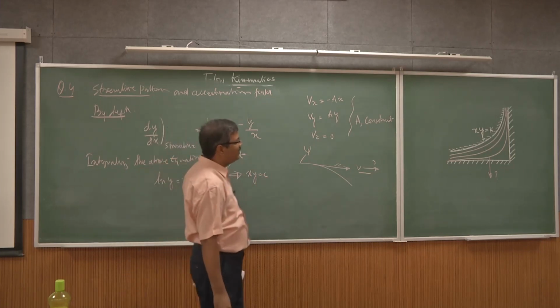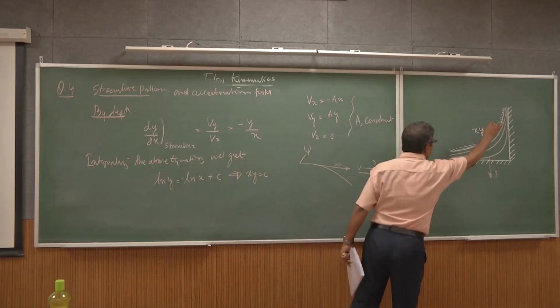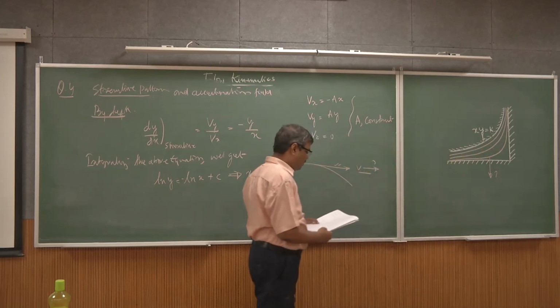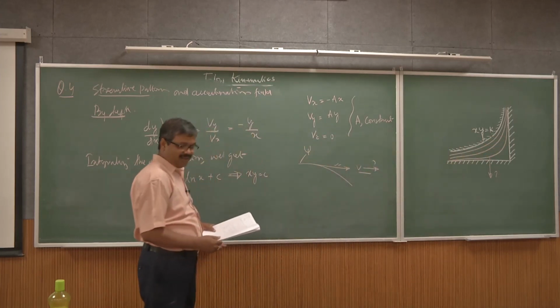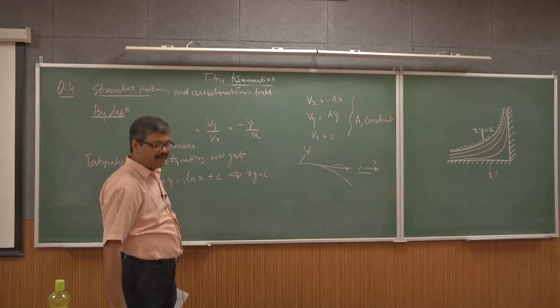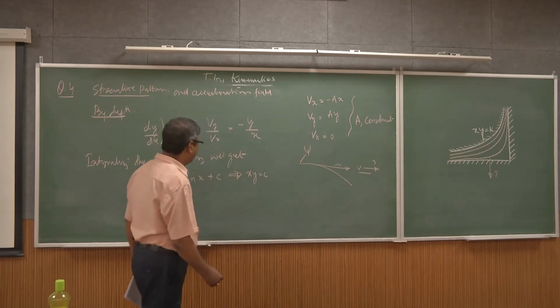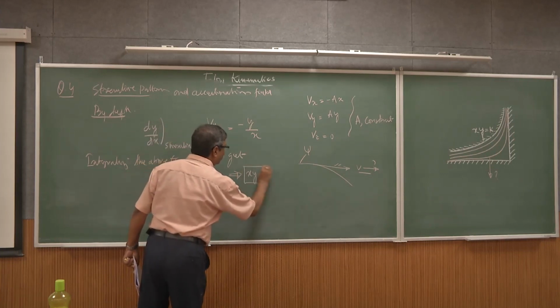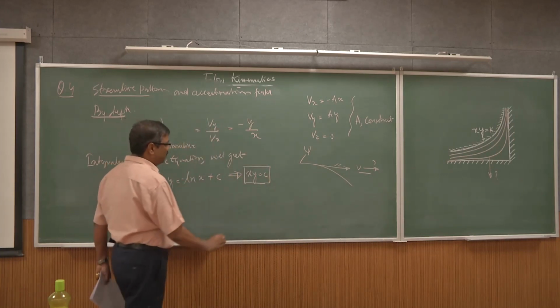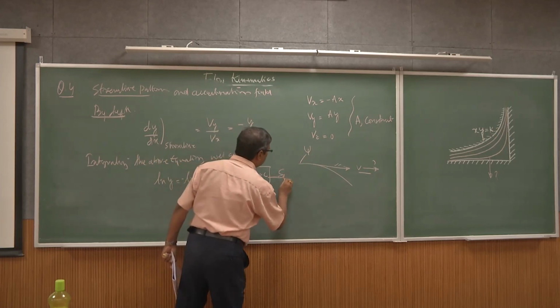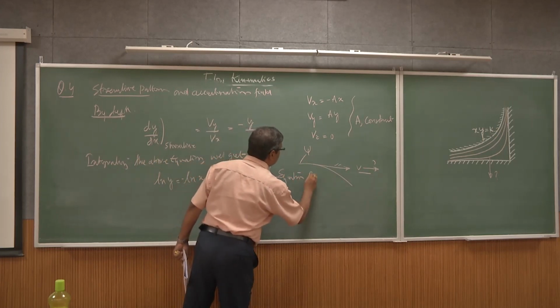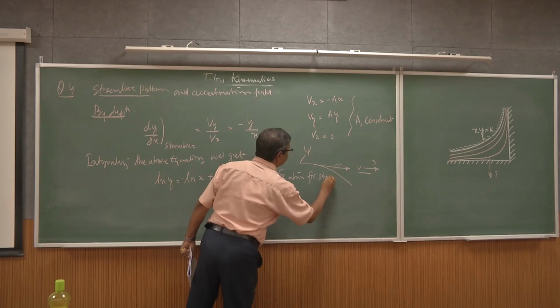That means again it indicates a hyperbolic nature of the streamline functions. That defines the boundary, the rectangular hyperbola, which the streamline functions follow. That's what we get: the equation for the streamline.